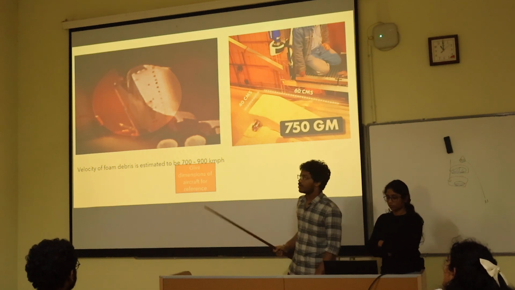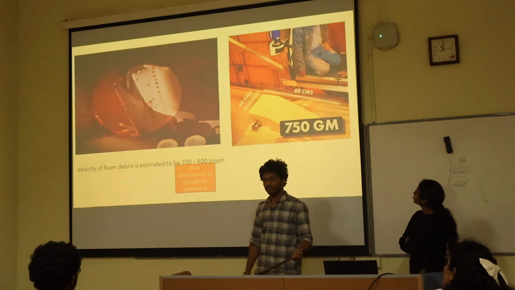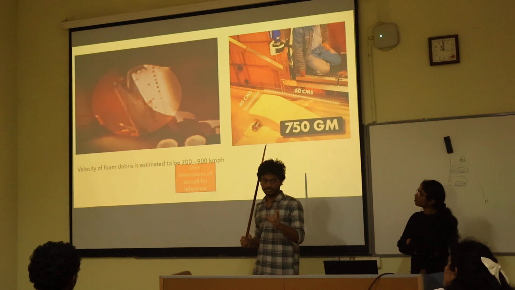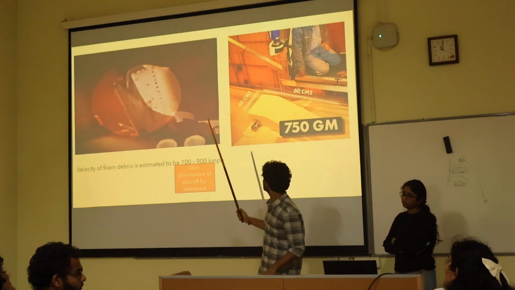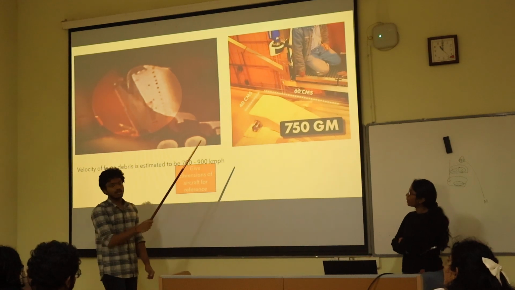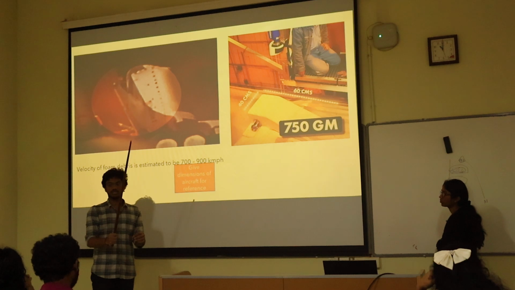So also we have another flaw which was neglected initially. During the takeoff itself, we observed small debris from the foam material. Like you know, the shuttle has this huge orange tank on it.